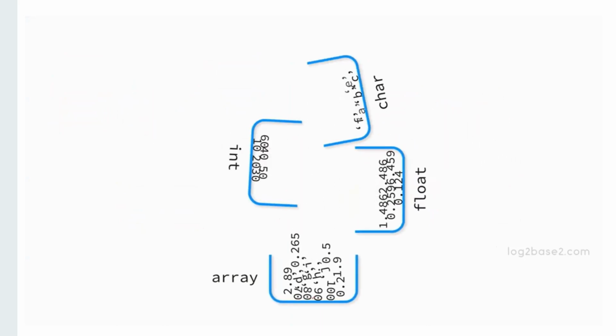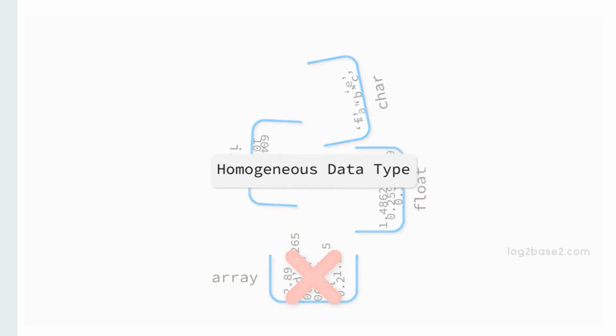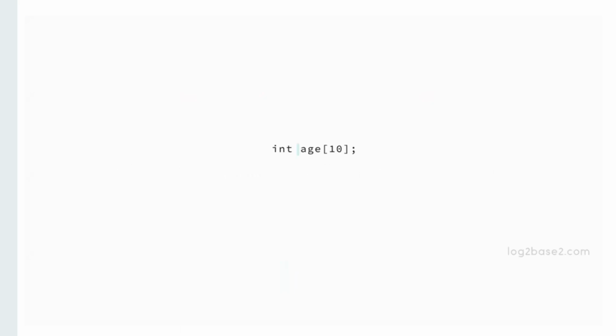Like we cannot have integer, character and float together in the same collection. So an array is sometimes called a homogeneous data type. Coming back to our issue, we have to get the ages of 10 students. Instead of creating 10 integer variables, we can just create an array of size 10.